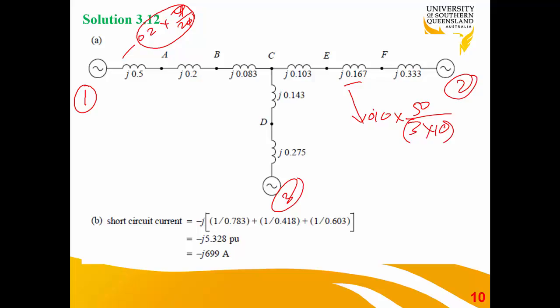Looks good, she's doing well, that's very good. That's why I said do some practice, and then you get the understanding well. All right. So far, I hope you can calculate all of these components, and that's why you do your practice. And then how to calculate your short circuit current.